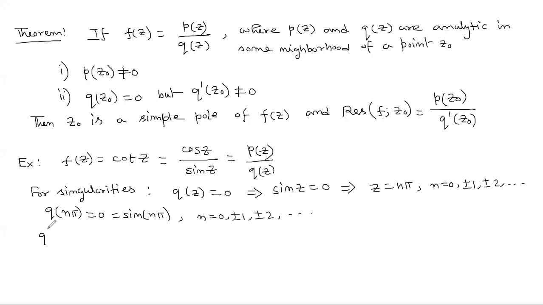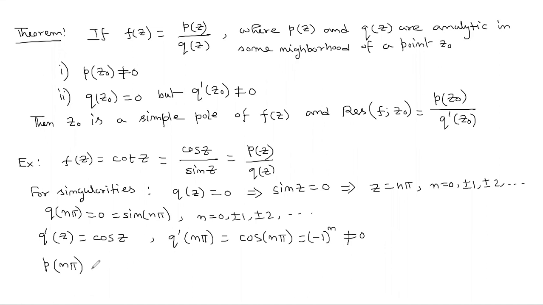And what is q dashed of z? That is equal to cos z. So q dashed of n pi is equal to cos n pi, which is equal to minus 1 power n, which is not equal to 0. And p of n pi, that is equal to cos n pi, which is also minus 1 power n, not equal to 0.